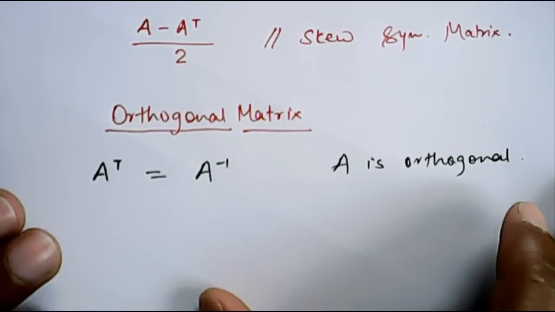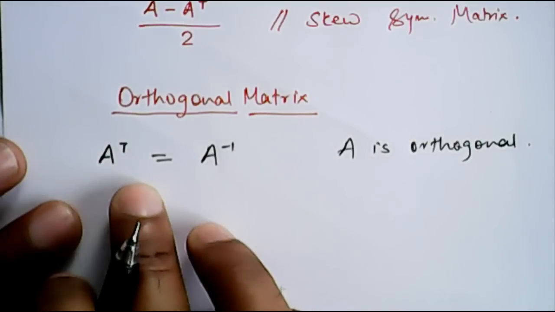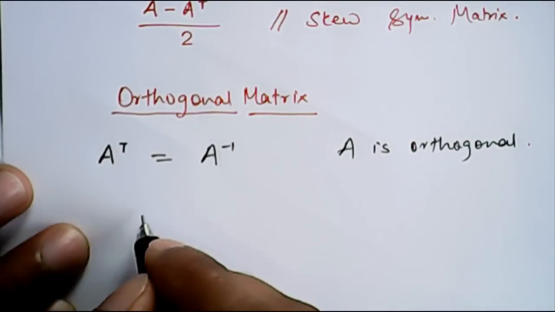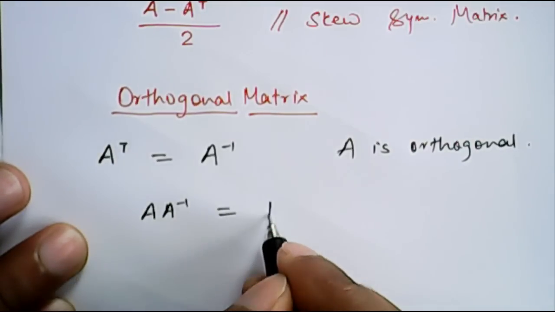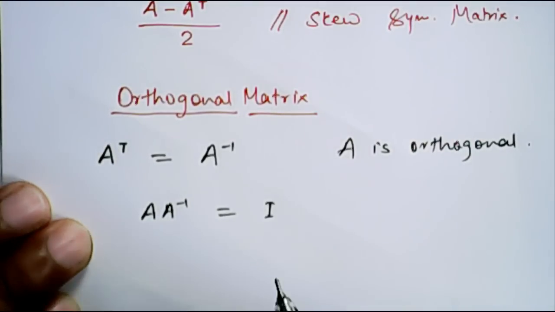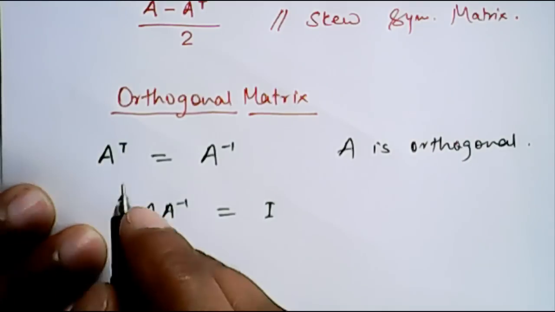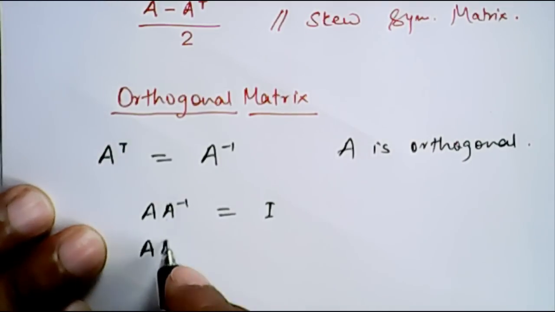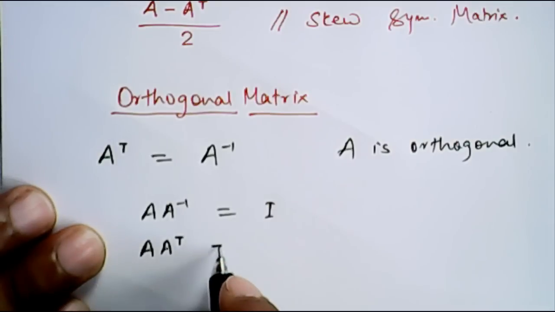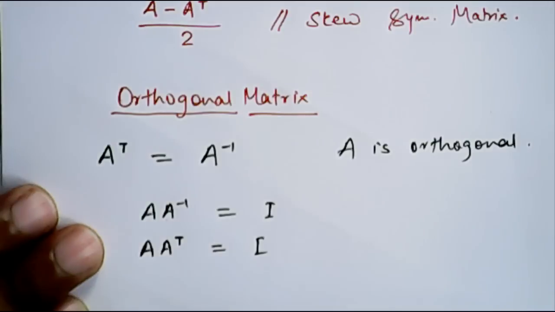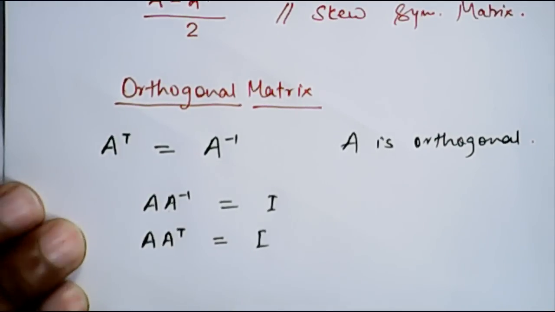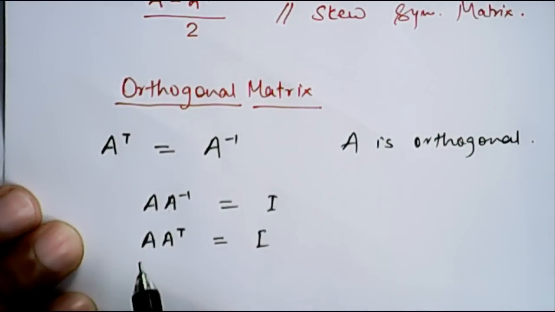Okay, so if we say transpose is equal to inverse, it means that A into A inverse is what? Identity matrix, right? Now if you replace this A inverse by A transpose, so A into A transpose is equal to identity matrix, right? Now this is one conclusion which we can draw.